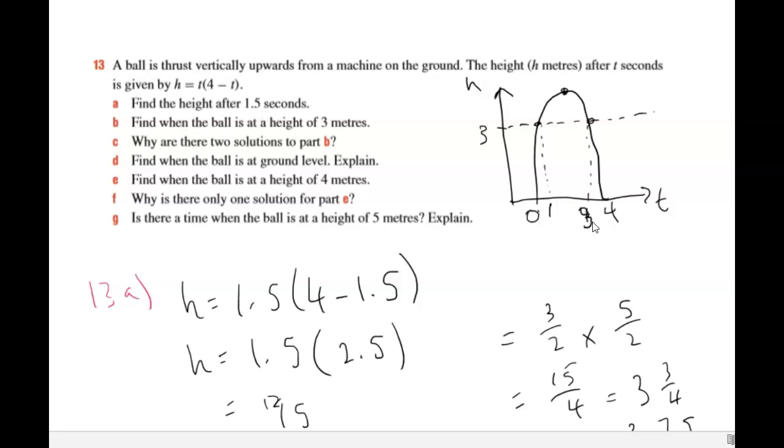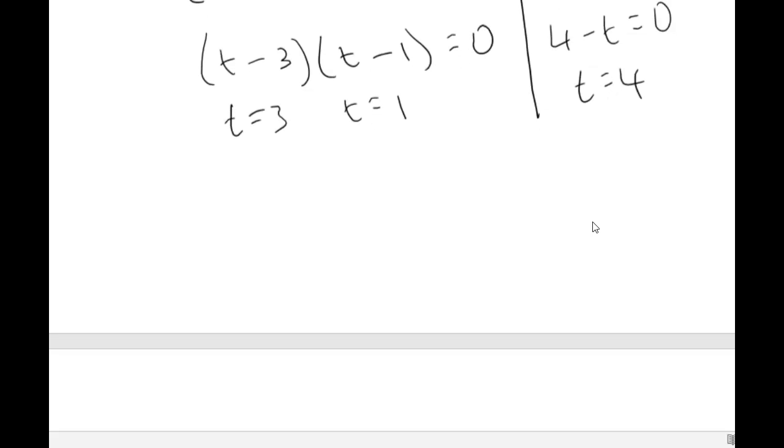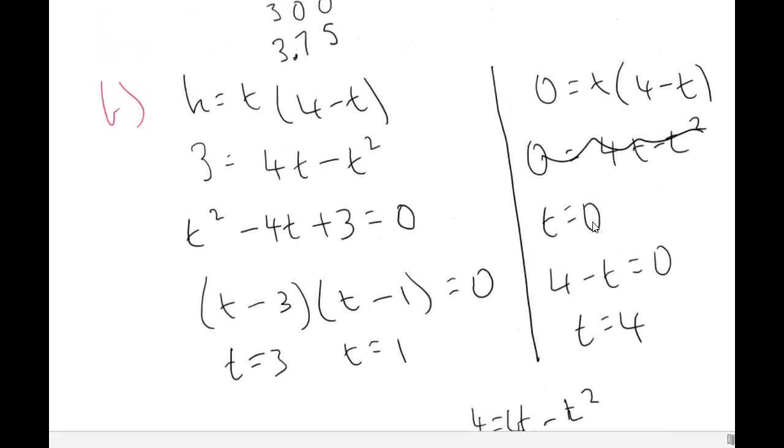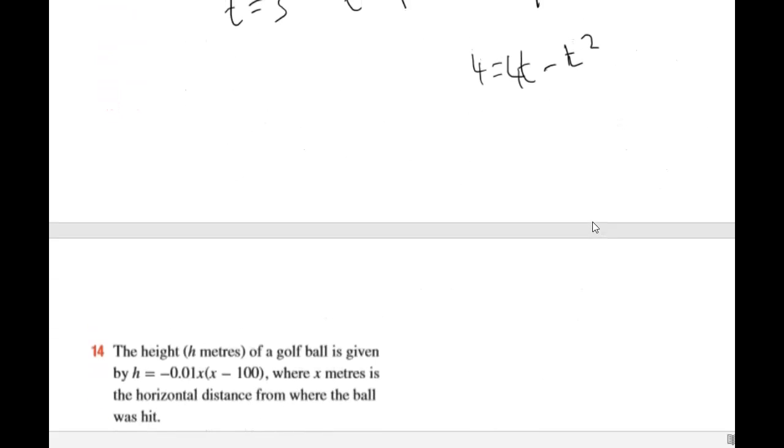Find when the ball is at a height of 4 meters. So we're going to substitute in h equals 4 this time. Sorry, my working out is all over the place. Okay, so I'm just using the same equation, but I've just skipped to the expanded part.